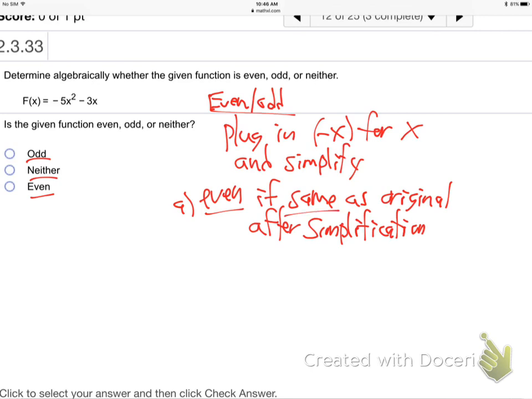So if it comes out the same as the original after you simplify it, that's an even function. Right, after you plug in the negative x for x and then you simplify, if it comes out the same, that means it's an even function.